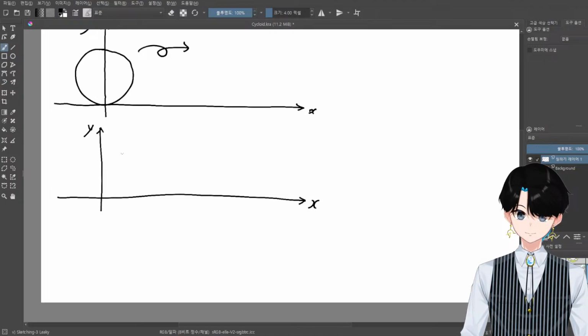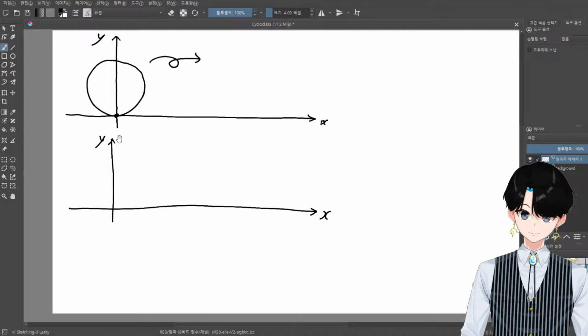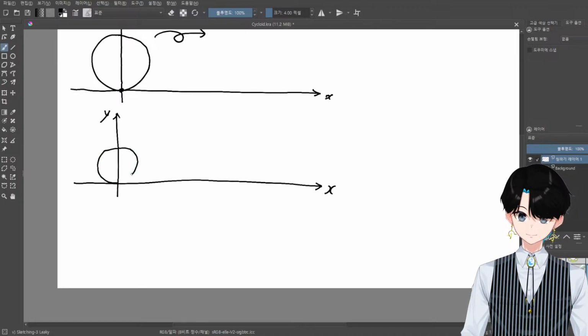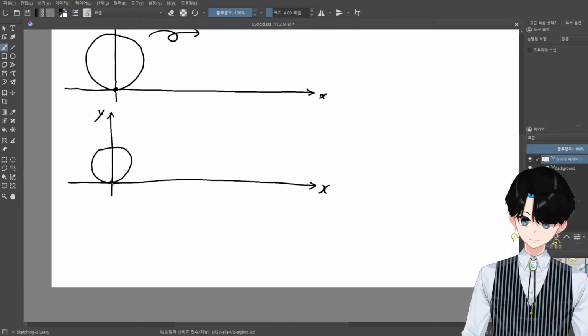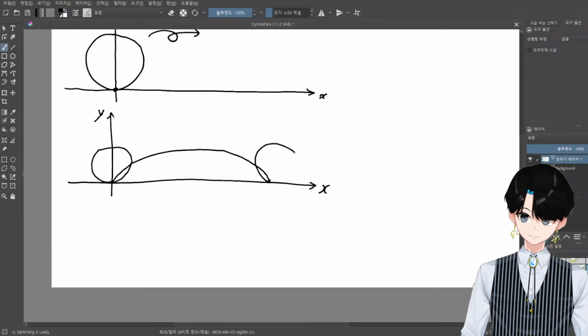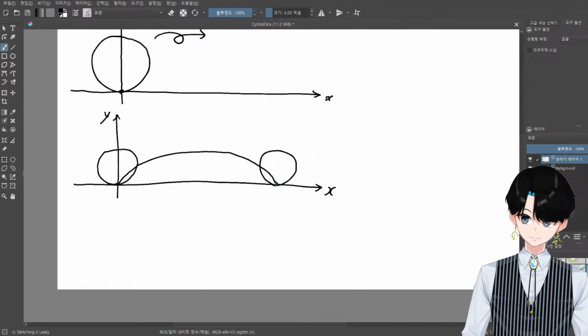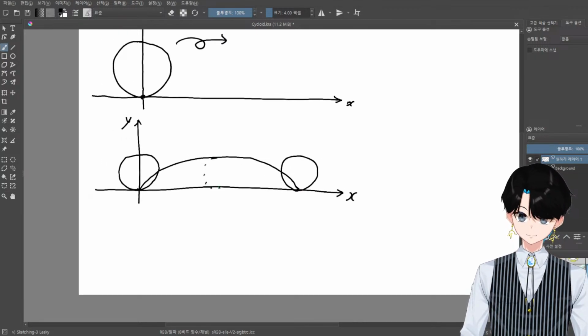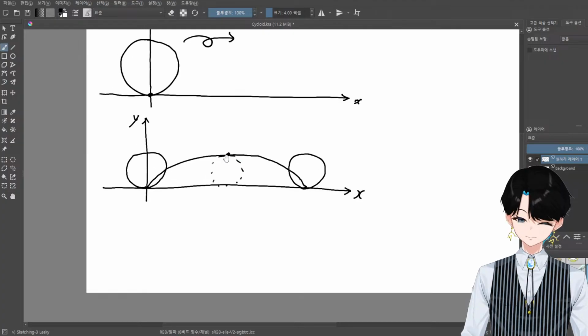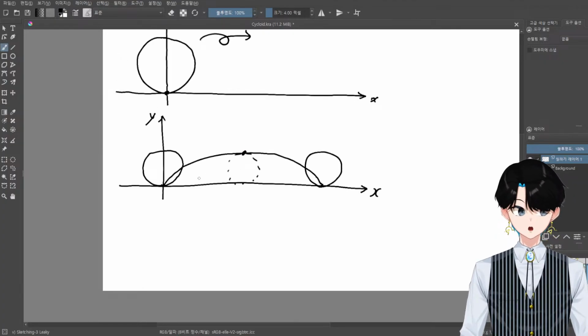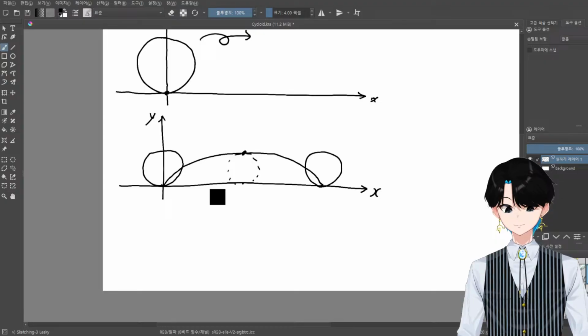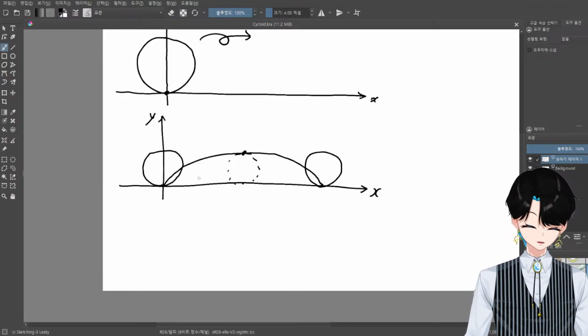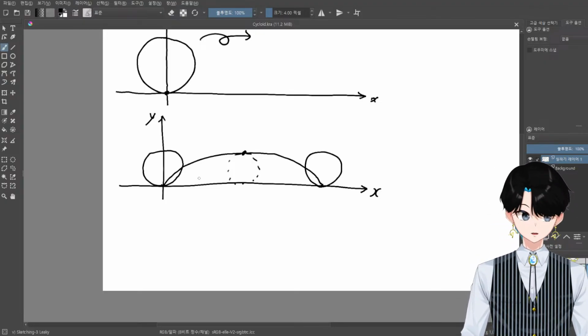The circle. In the thumbnail, it's GeoGebra, by the way.